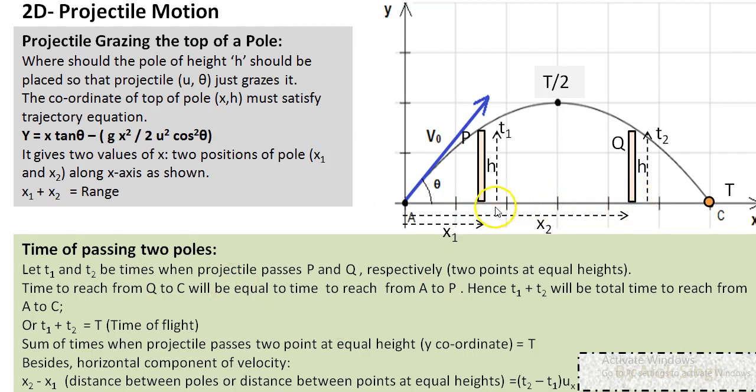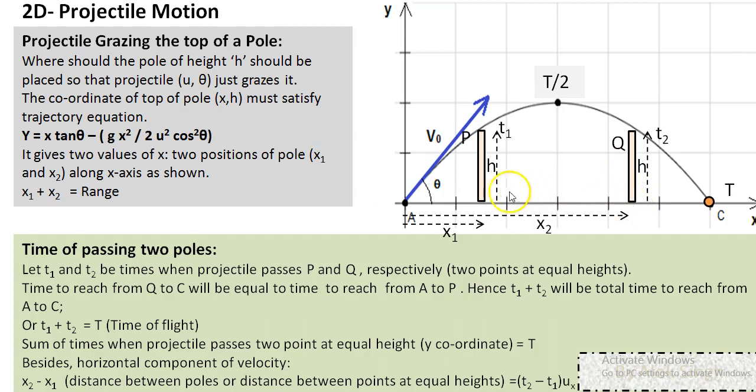One is x2, the second is x1. Suppose the positions of the two poles and the times t1 and t2 are given. The distance between the two poles is x2 minus x1, and the time taken to travel from point P to Q is t2 minus t1.